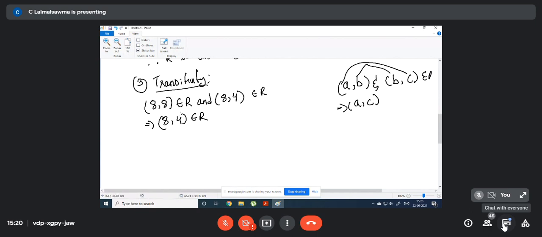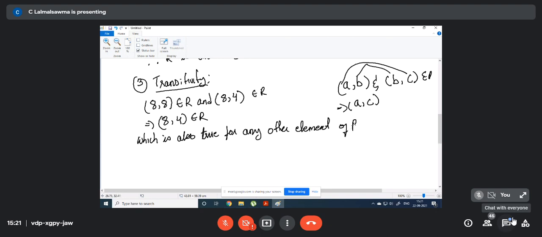So this is true for all the elements in R, which is also true for elements of R. Therefore, R is transitive.